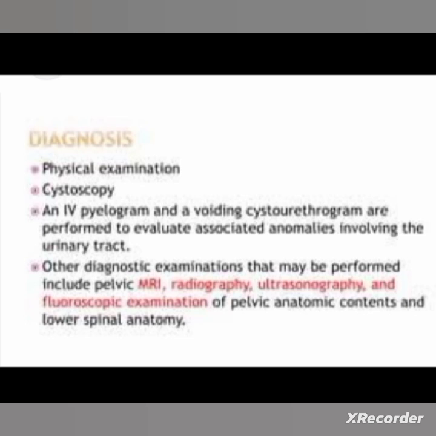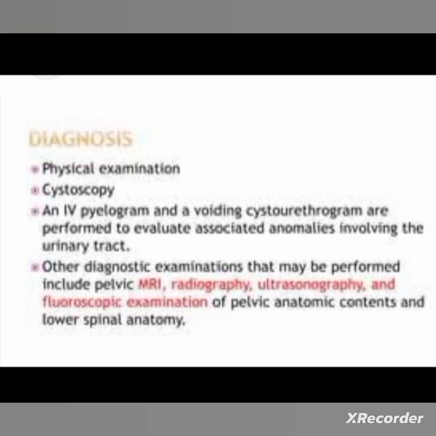Diagnosis. How can we identify this condition? The diagnosis is mainly by physical examination. There is an absent anus, or a dimple, or the presence of a fistula. Then cystoscopy, IV pyelogram or voiding cystourethrogram are performed to evaluate associated anomalies involving the urinary tract.